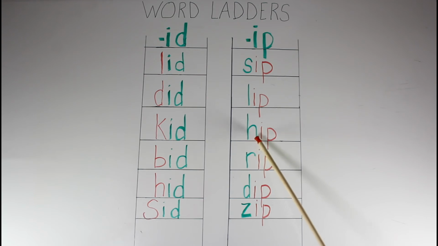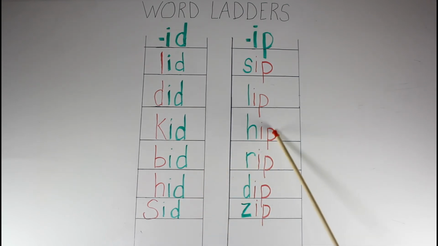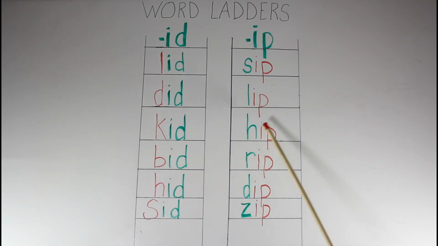We have hip. And see, we just changed out the letter at the end and get new words. Our next one is rip. And our next one is dip. And we have zip.